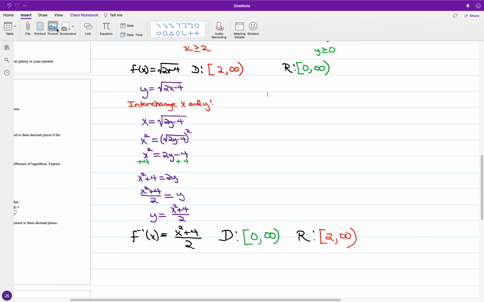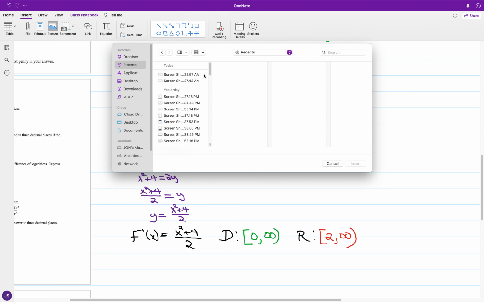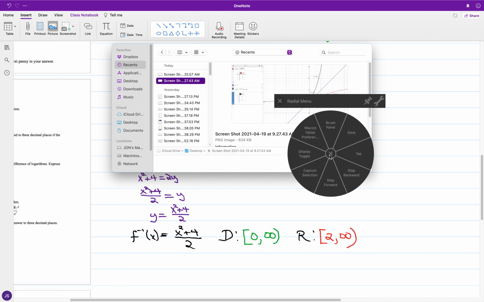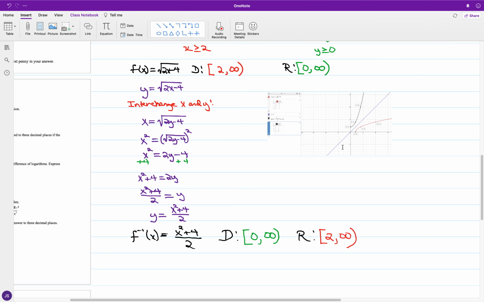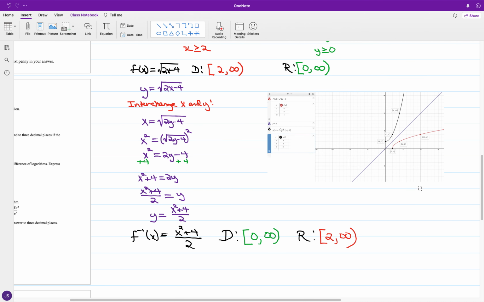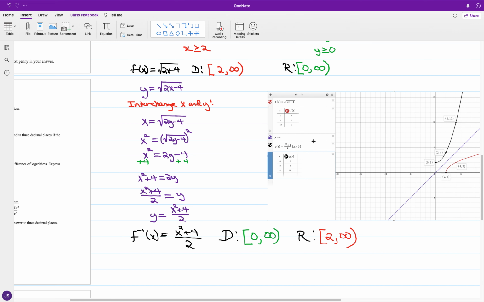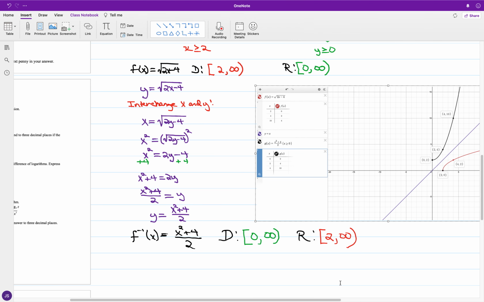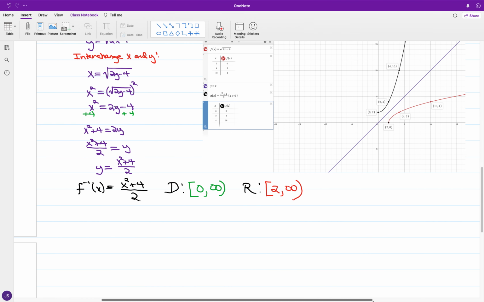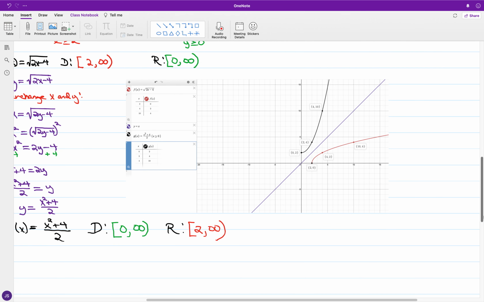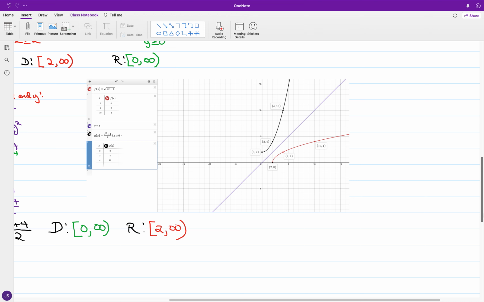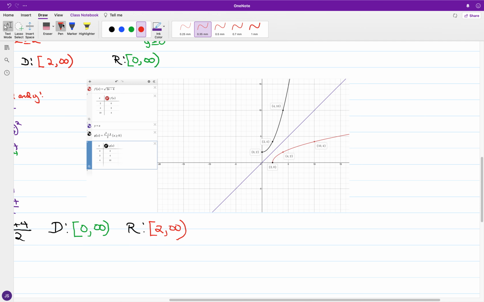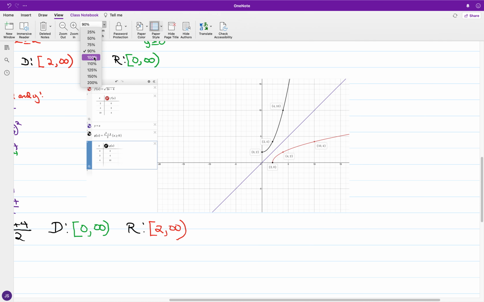Just providing a visual also on this one. Taking what we have with this graph, I'm trying to zoom in here.